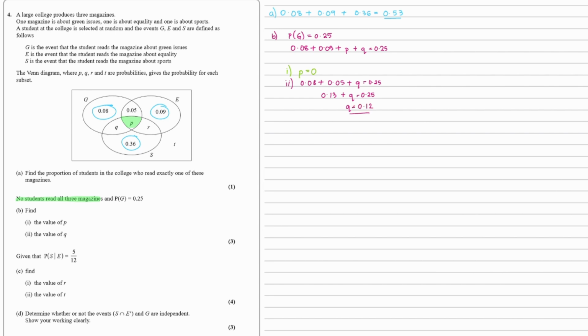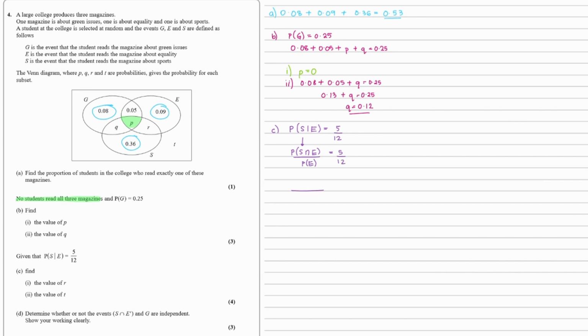The next part says, given that the probability of S occurring given E is equal to 5 over 12, part C, find the value of R, find the value of T. So for part C, if the probability of S given E is equal to 5 over 12, that means that we can write the probability of S given E as the probability of S intersecting with E divided by the probability of E. And this should give us 5 over 12.